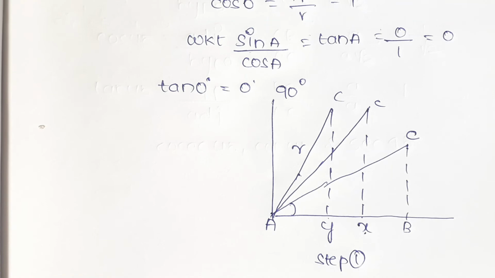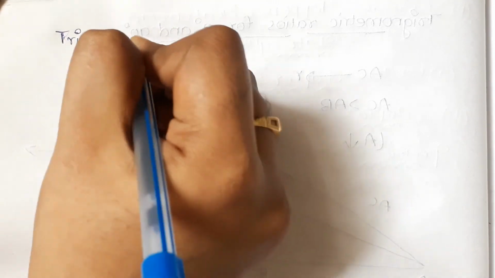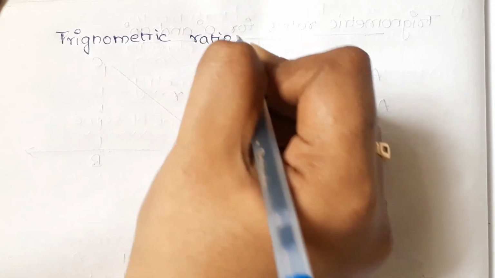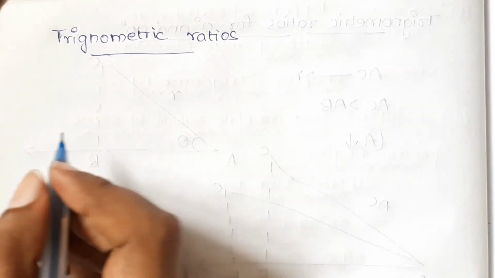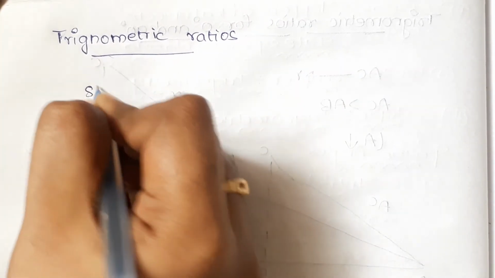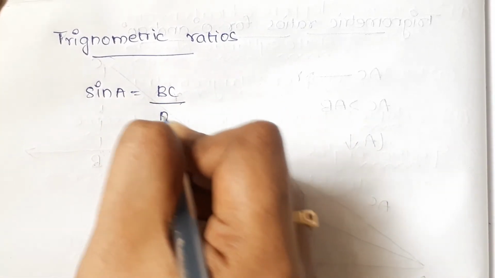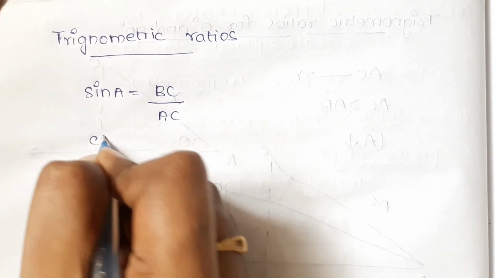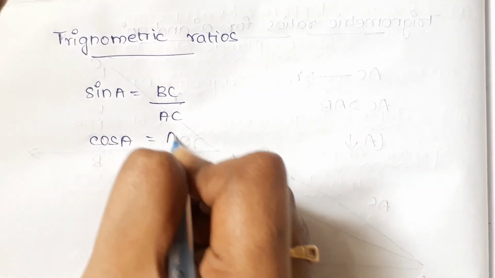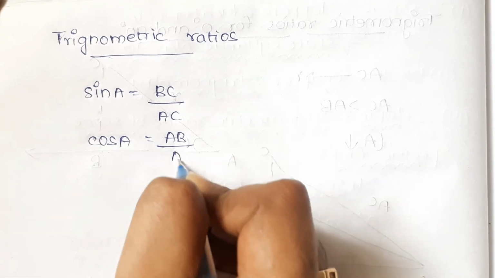And now let us find the trigonometric ratios from the lengths. Now we know that sin A equals BC by AC and cos A equals AB by AC.